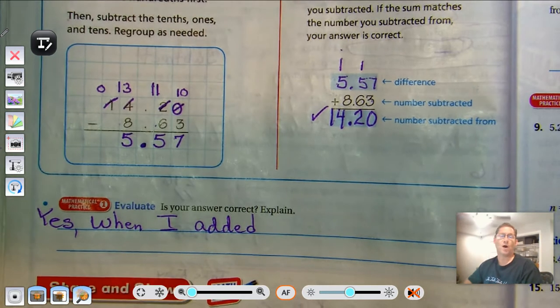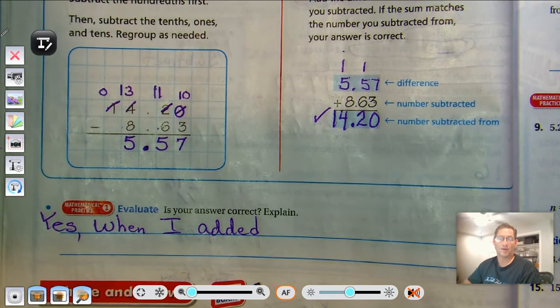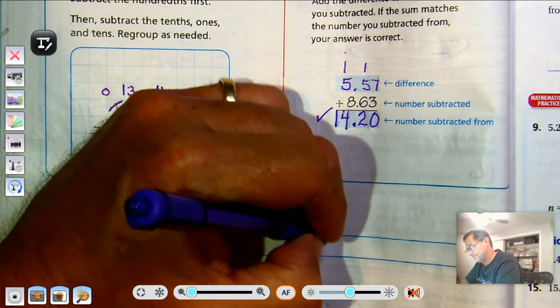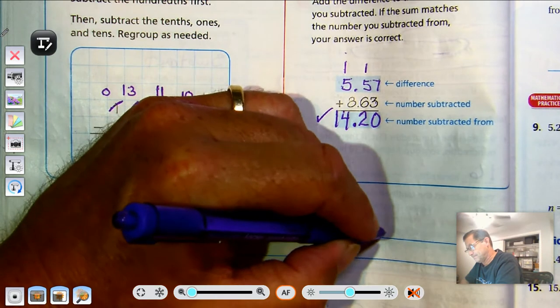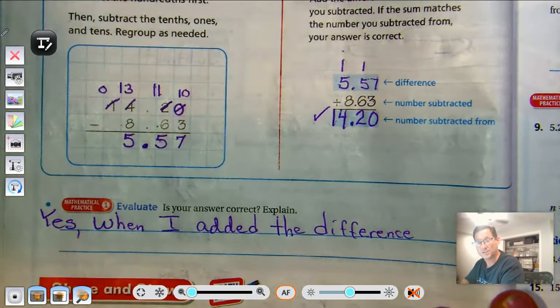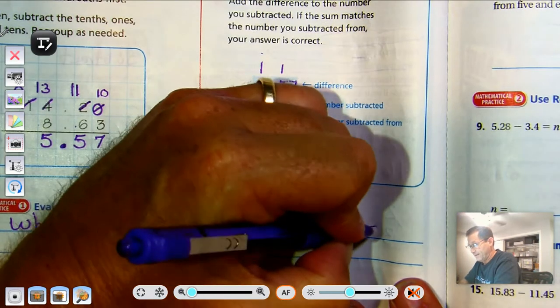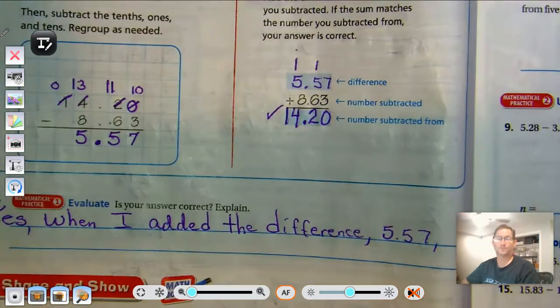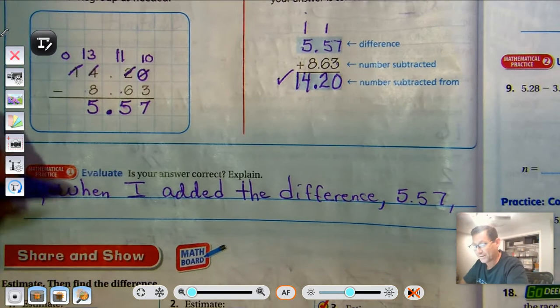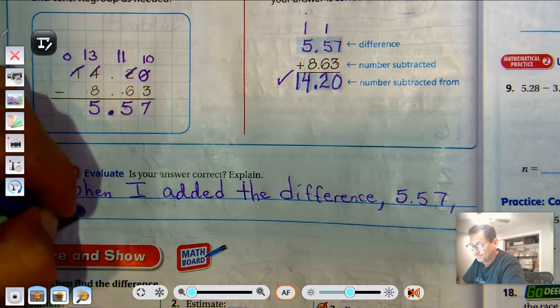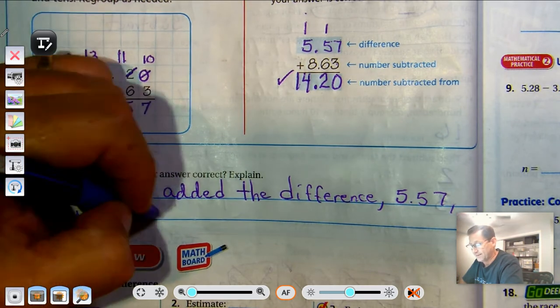So we need to explain why our answer is correct. So when I added the difference, being the answer to a subtraction problem, the difference was 5 and 57 hundredths, to the number I subtracted.